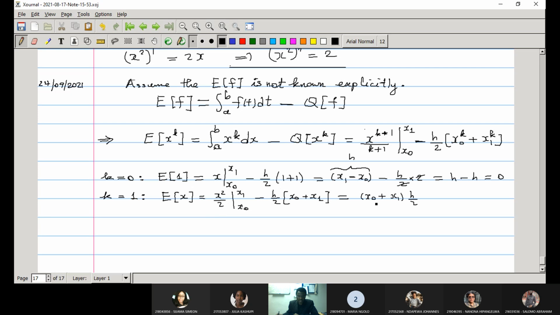Because this 2 is there, remember that this is x squared, so this will be x1 squared minus x0 squared, which I can factor. So I will get this times that. This is the difference, right? x1 minus x0 is h, and then x1 plus x0 is this one by 2. So that's what I wrote here directly.